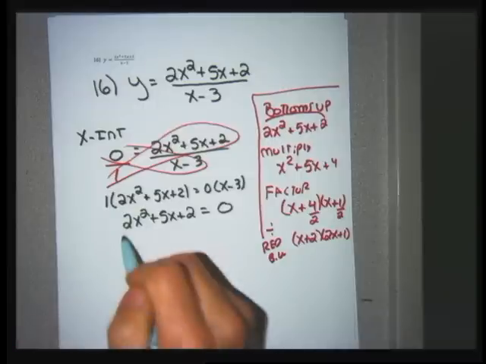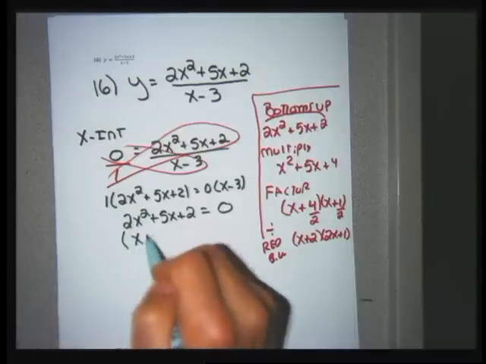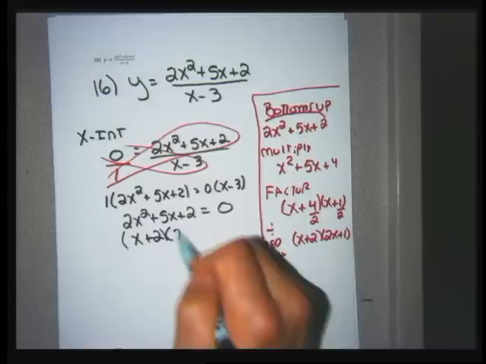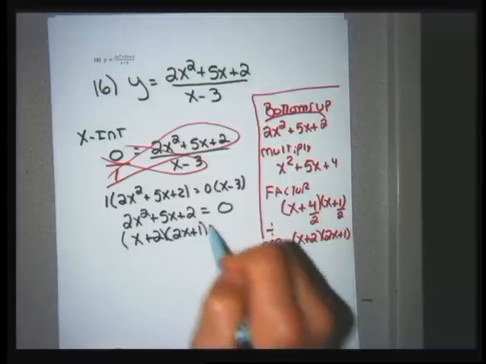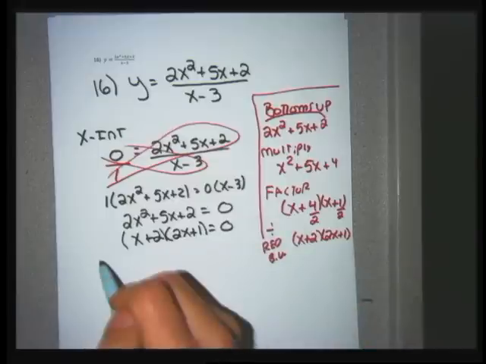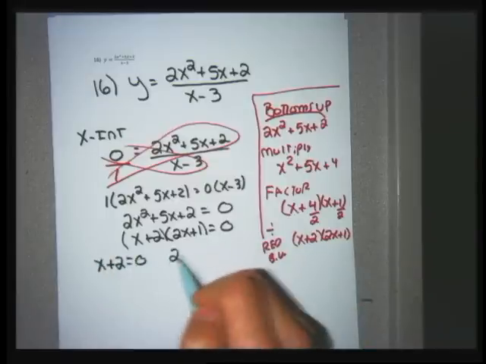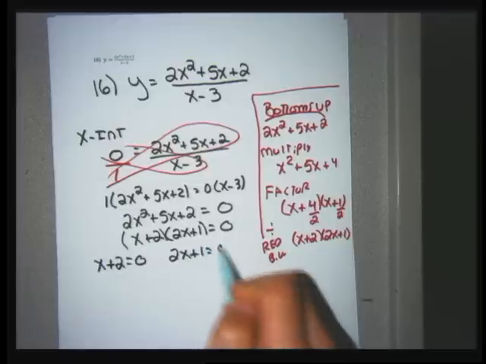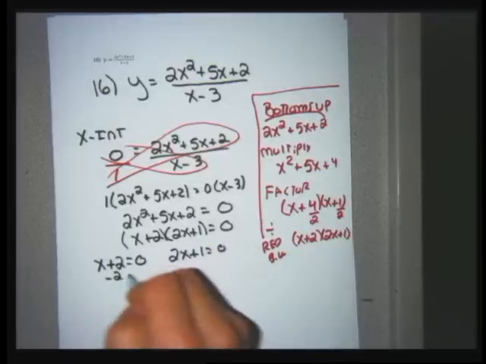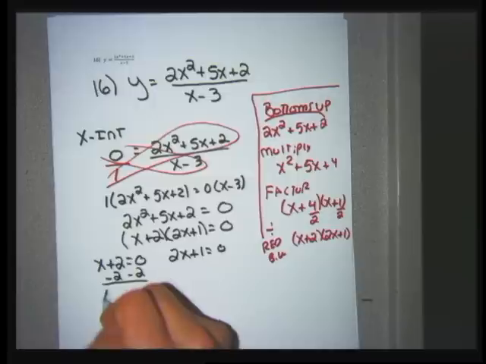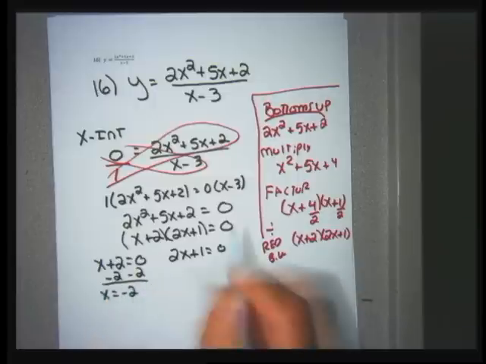So I can rewrite this as x plus 2 times 2x plus 1 equals 0. And then I'm going to go x plus 2 equal to 0 and 2x plus 1 equal to 0. For the x plus 2, I minus 2 from both sides and get my first x-intercept at x equal -2.